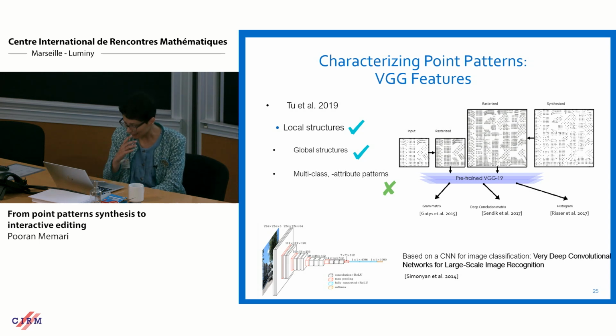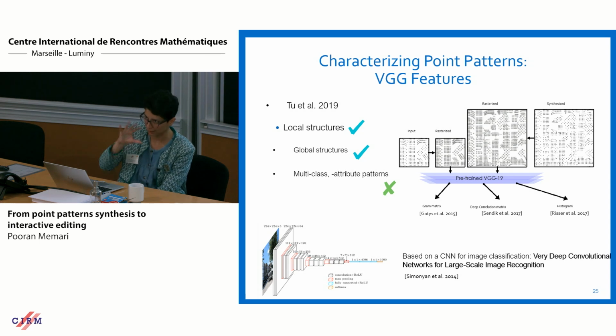The best technique that existed before, in 2019, was based on what we call VGG features. The idea is very simple. What they were doing was to rasterize the point pattern that they had. So they have now an image, and they just used an image classifier network there in order to do the synthesis that we wanted to have.